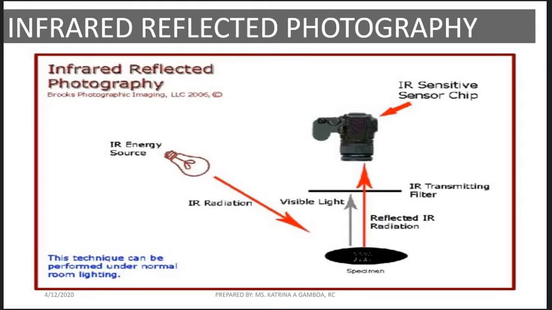Tandaan nyo kapag reflected, kahit UV man yan or infrared, they will use filter. Kasi, the only thing gusto ng forensic photographer, ang papasok lang, kunwari, UV light lang or infrared light lang. Walang another light, kundi yung mga yun lang. Kasi kung hindi ganoon ang mangyayari, masisira yung plano nila na i-emit or ipakita yung mga evidences.